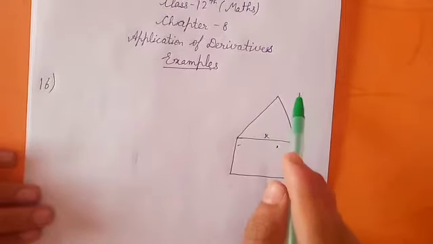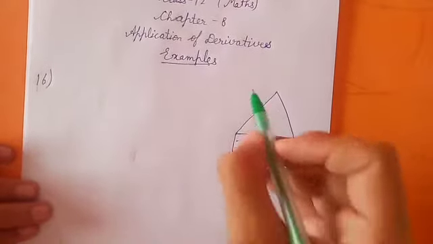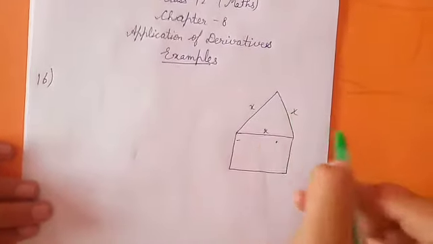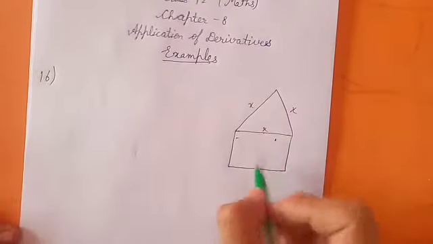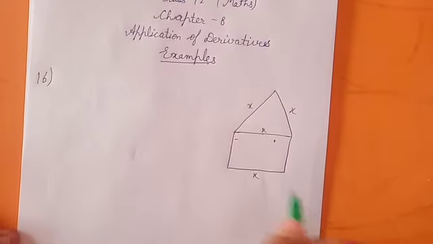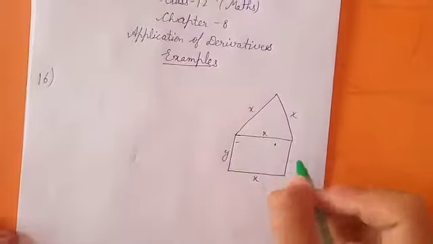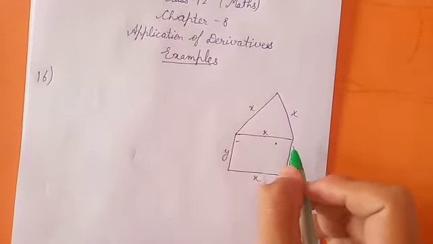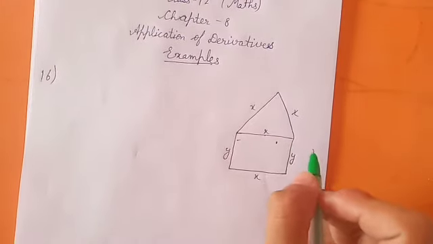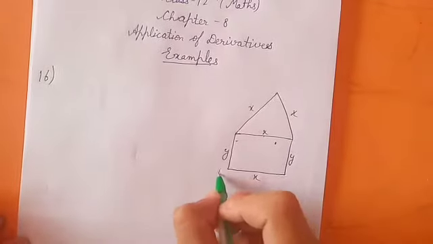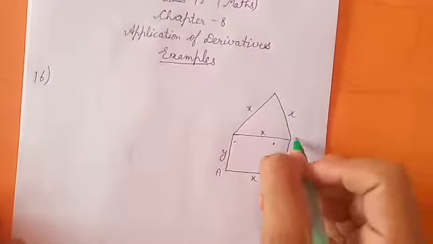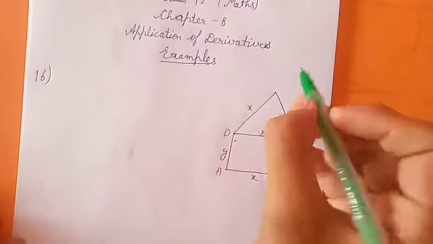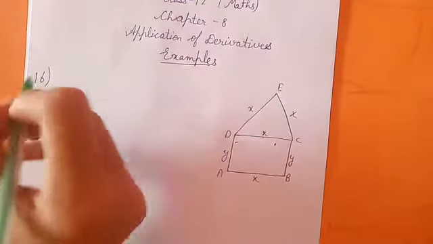As this is an equilateral triangle, if it is x, these both are also x and this is also x. And let us assume y is the breadth of the rectangle. So we can name it A, B, C, D and E.